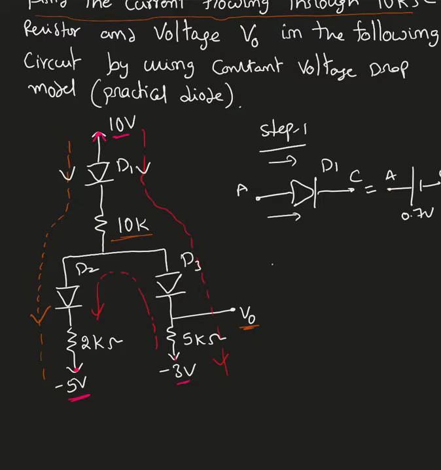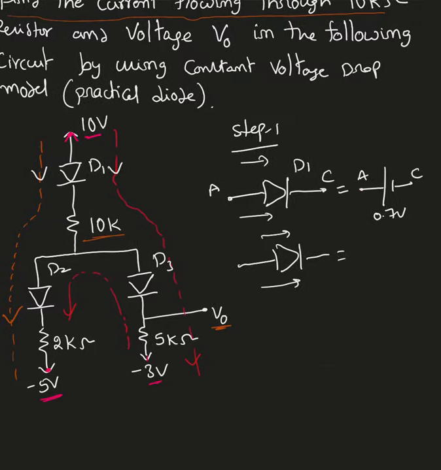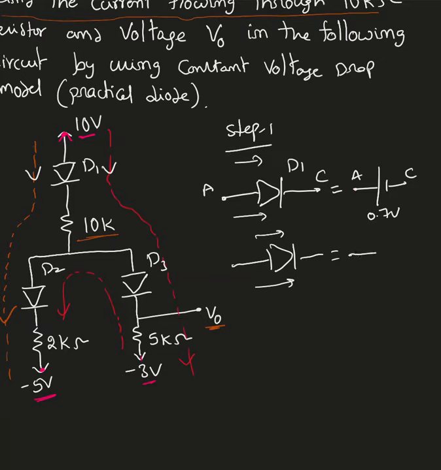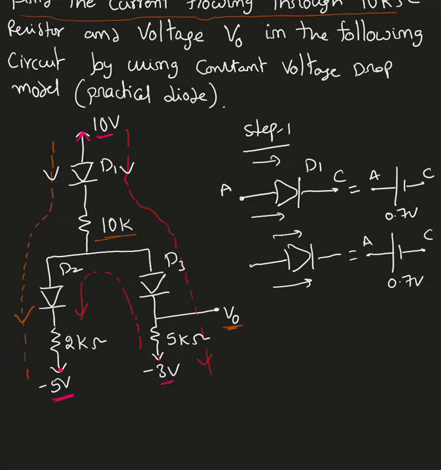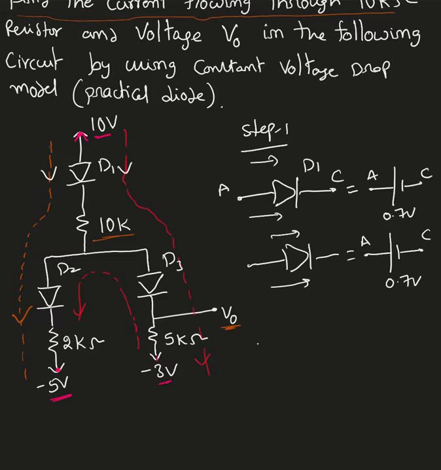Now if you look at diode D2, same case, both currents are flowing in the same direction, so definitely that is going to act like a closed switch, but with 0.7 volt voltage drop because we are taking that as a practical diode. And third diode D3 has two possibilities. One current is saying from cathode to anode, another current is saying anode to cathode.